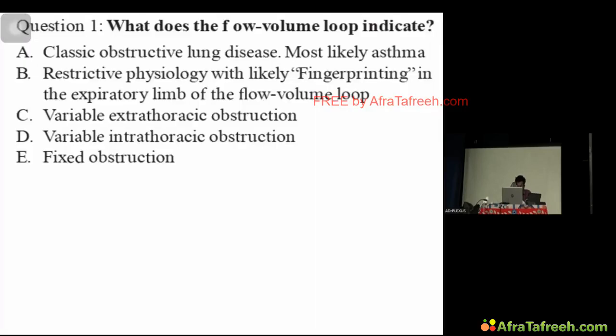This is the option. What should be the answer?